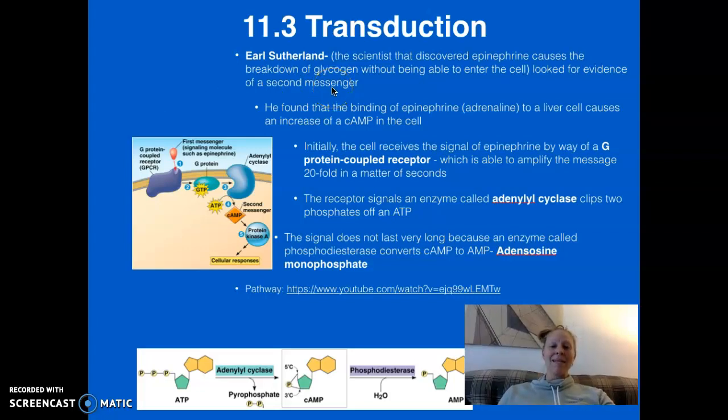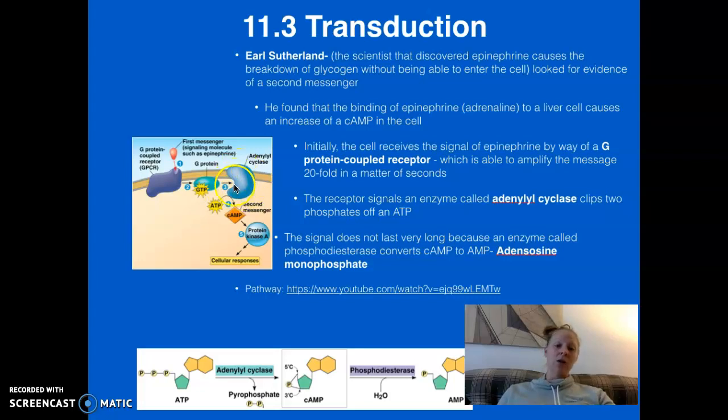He found that the binding of epinephrine, which remember is adrenaline, to a liver cell causes an increase in cyclic AMP in the cell. Initially, the cell receives a signal by the G protein coupled receptor, and this can amplify the message about 20-fold in just a matter of seconds, which is another reason why life is just amazing.